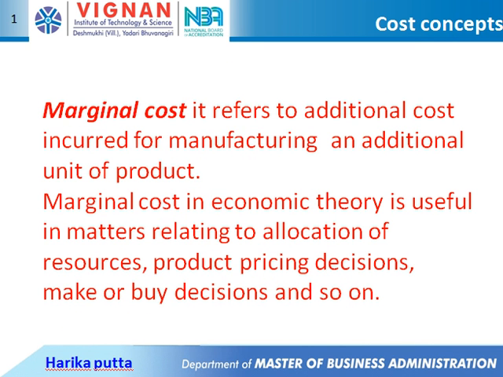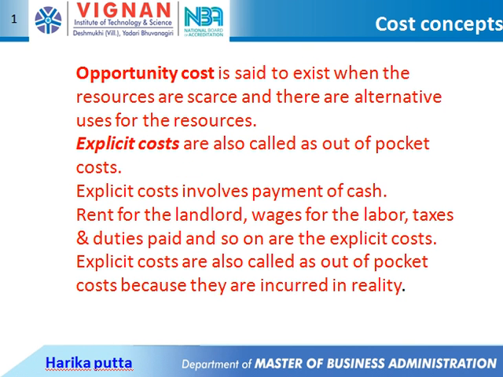Marginal cost. Marginal cost is the additional cost incurred for manufacturing every additional unit. You have to allocate some resources; that is called marginal cost. Opportunity cost. Opportunity cost is said to exist when resources are scarce and you have alternative uses for resources.